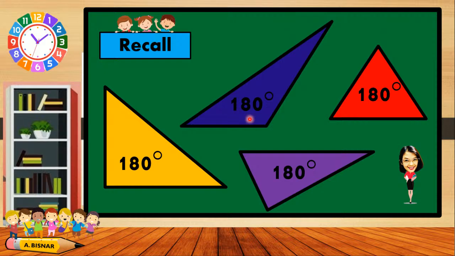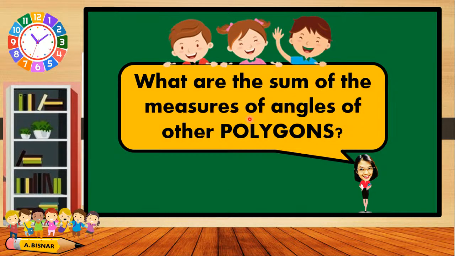Now, how about this one? What is the sum of the measures of the angles of other polygons? As you can remember, last week we only studied triangles. What about the others?